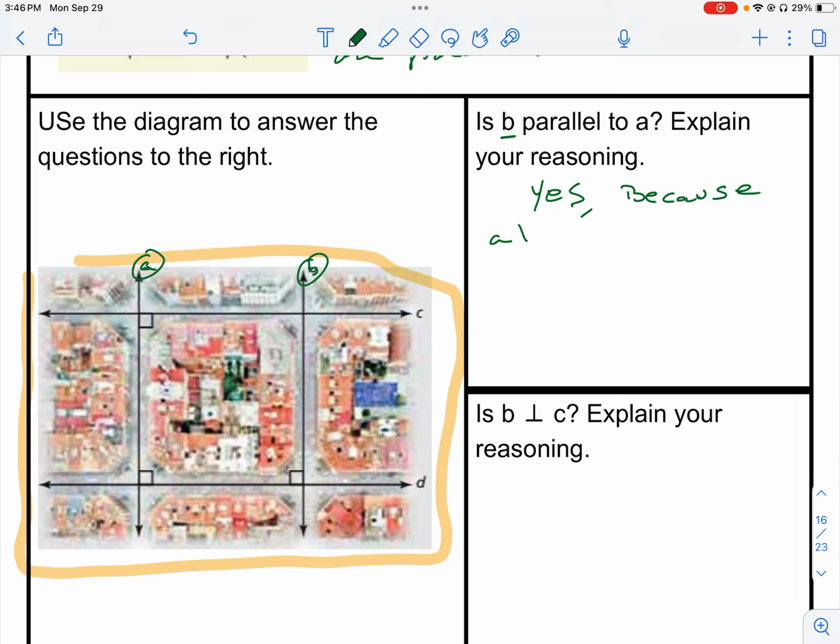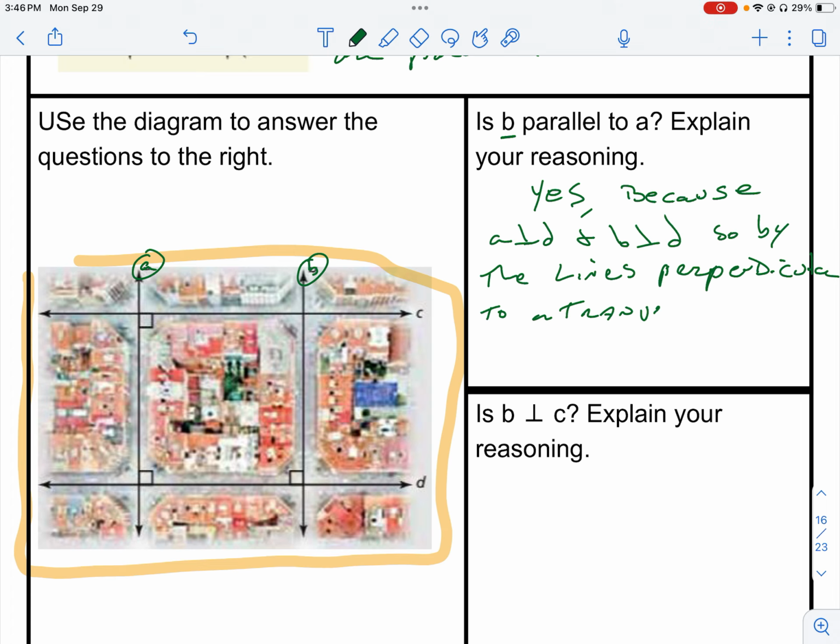Because A is perpendicular to D and B is perpendicular to D. So by the lines perpendicular to a transversal theorem, A is parallel to B.